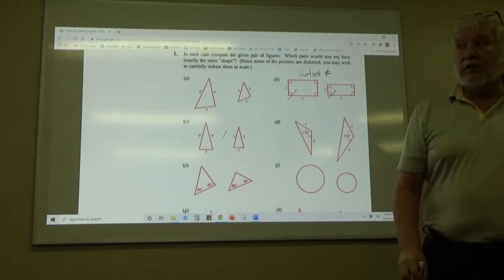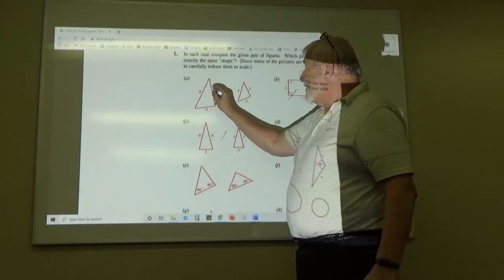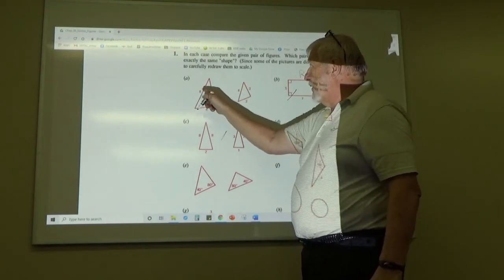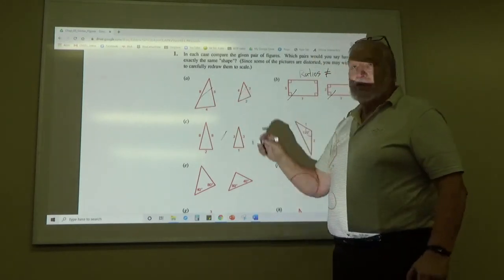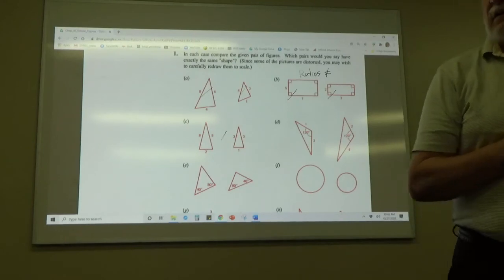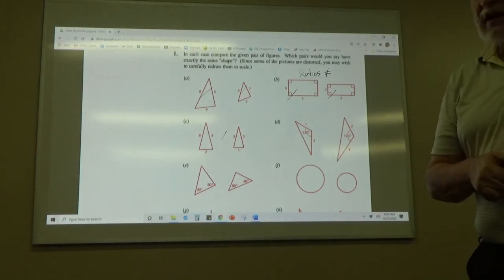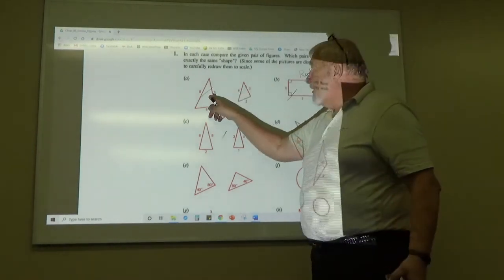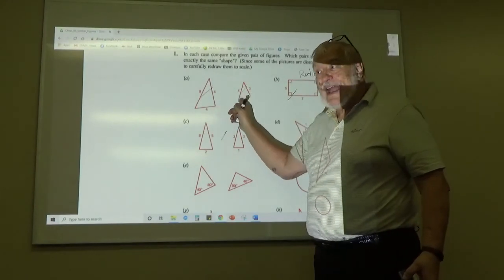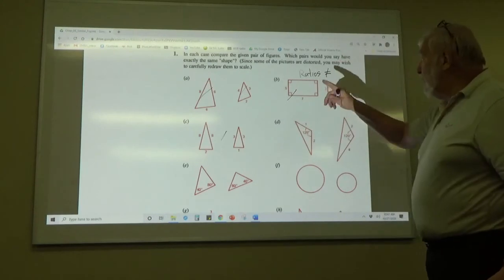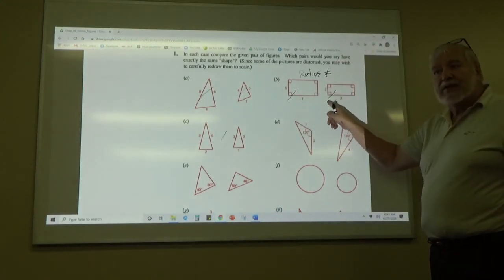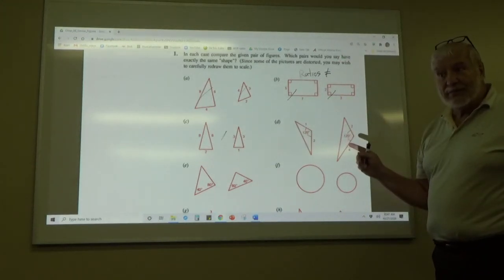So the ratios are not equal. Now let's do that over here. Let's take these two, 8 divided by 6. Now let's take these two, 4 divided by 3. Same numbers, right? So therefore, because the ratios are exactly the same, these are similar figures. And so that we prove these are not because the ratios are not the same.